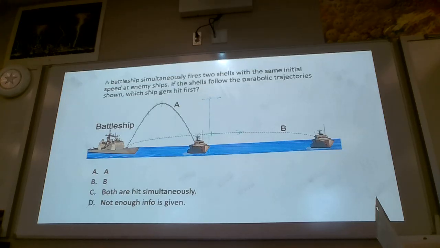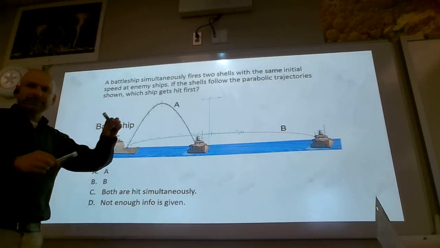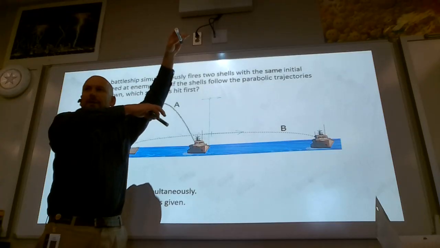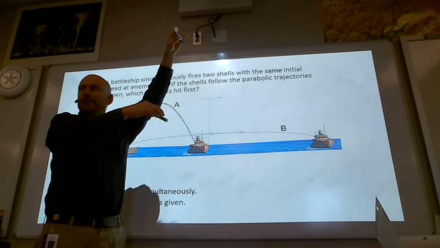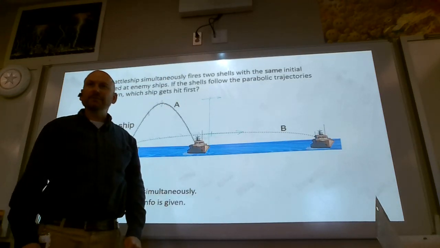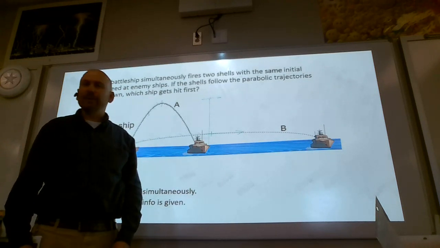Which one's going to hit the ground first? All right, let me break it down a little easier. If I drop the black marker from here and the green marker from here, which one's going to hit the ground first? Why the green? Closer to the ground. Has less distance to fall.